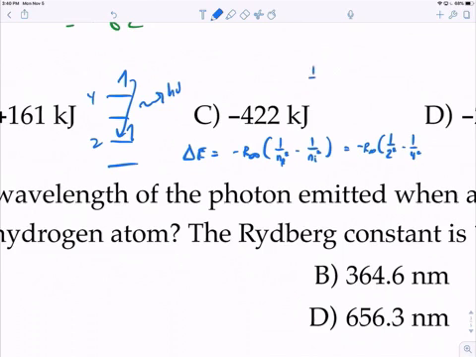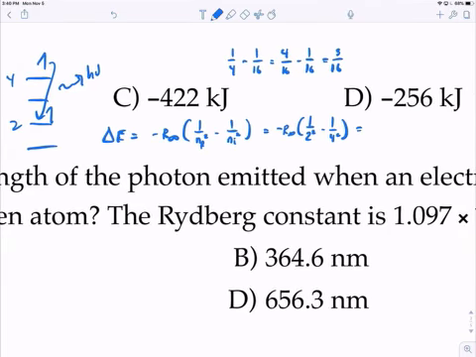So 1/4 minus 1/16 is 4/16 minus 1/16 is 3/16. So it equals 3/16 times the Rydberg constant.